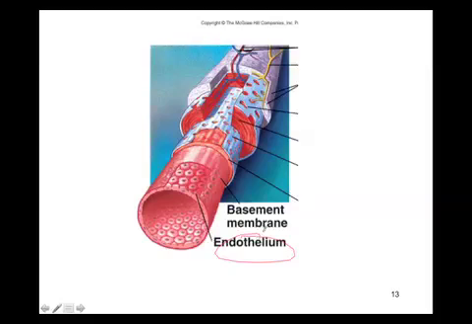Capillaries are just endothelium. That's all they are. Endothelium and a basement membrane. Maybe some loose connective tissue holding that to the cells around it or something that it's supplying. So endothelium is also a serous membrane.